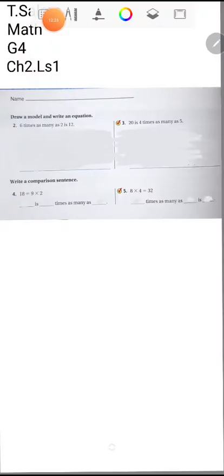Now let's continue on page 65, and on this page I have exercises 2 and 3. Draw a model and write an equation. I will read the comparison sentence, then write the equation and draw a model that describes the sentence. The easiest way is to write the equation first.